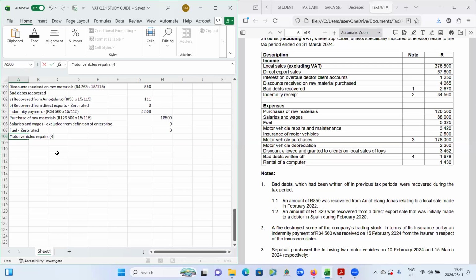Are we together? Yes. So the amount is how much? 3,420 rand multiplied by 15 over 115. That is 446, the input tax that is claimable.